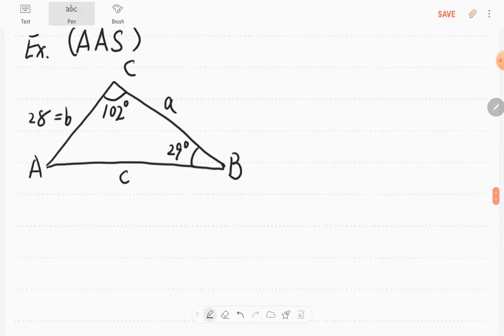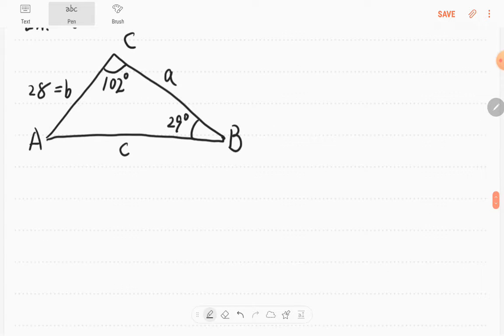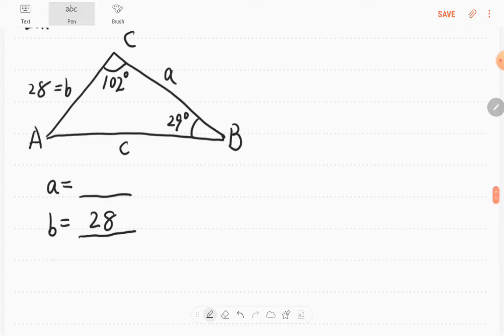Okay, so now we can draw a little chart. A equals something we need to know; we don't know yet. b is equal to 28, this we know, so we just fill in. And c is equal to what? We don't know. Angle A, so far we don't know.